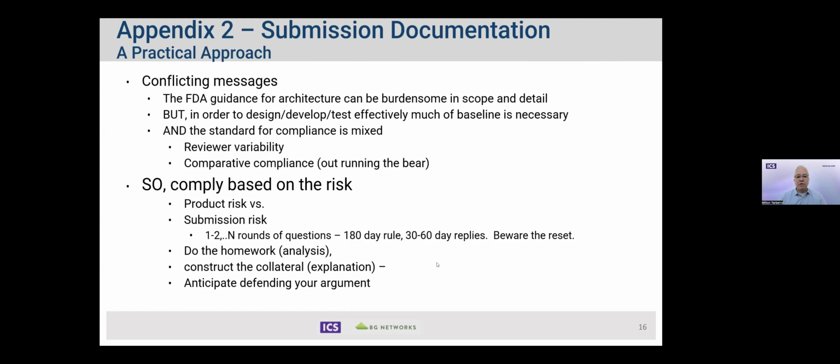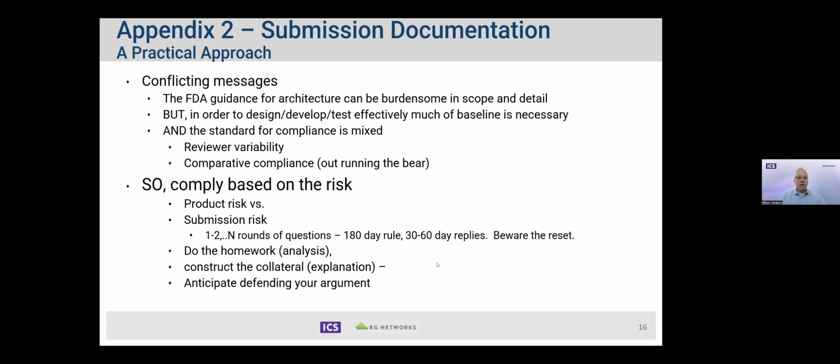Some of our clients have experience where they didn't find the reviewer very challenging to their assertions, and other ones where the challenge was strong, immediate, and expansive. So there's some variability of reviewer that is part of your risk equation there. And then comparative compliance, as I call it, using the metaphor of outrunning the bear. If you look good in comparison to other submissions, then they have to make priority choices as well.